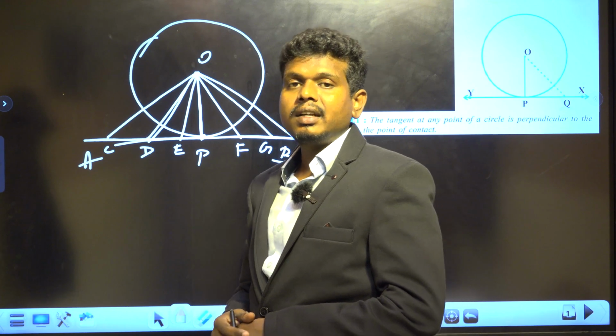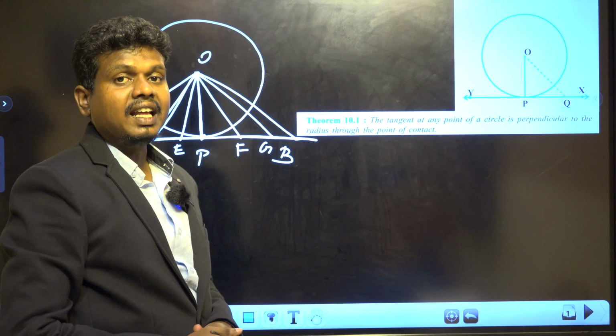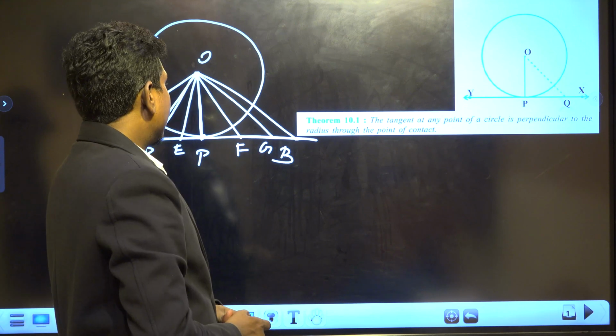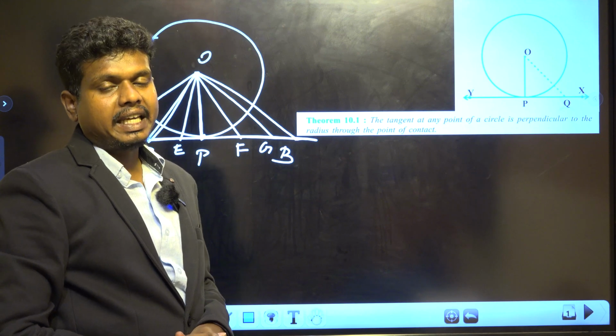I can conclude that the line OP, which is the radius, is perpendicular to the tangent AB.